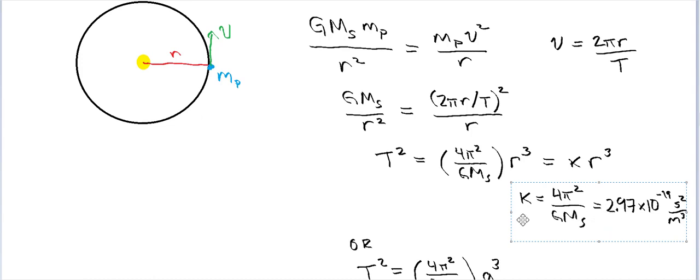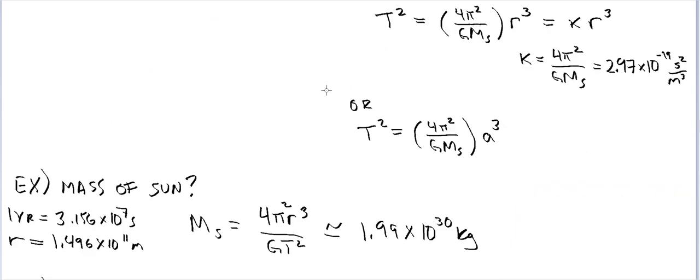It's that T squared is equal to k times a cubed, where k is 2.97 times 10 to the minus 19 seconds squared over meters cubed. We can make this more general by saying that T squared is 4 pi squared over G M sun times a cubed.